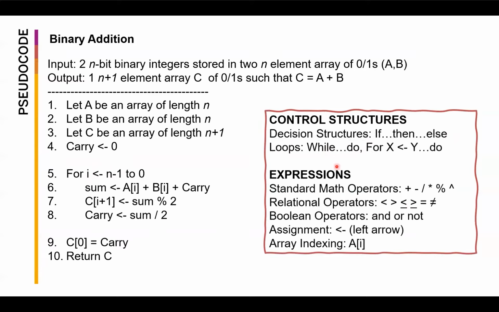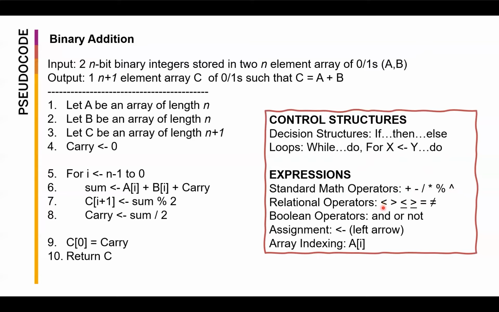You can also use while loops. You have for loops, you have do while loops as well, and so on. From expressions, it supports standard math operators: plus, minus, divide, multiply, modulo for the remainder, and even caret for the exponent or the power.